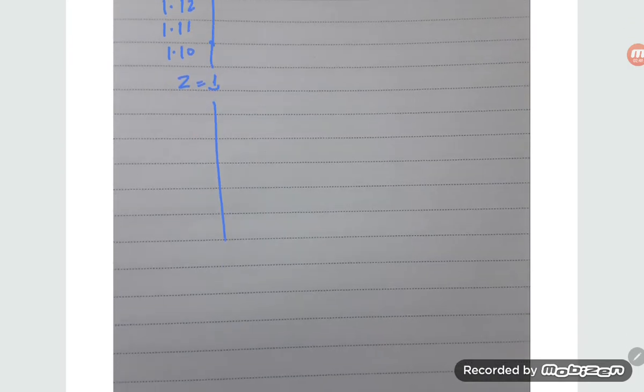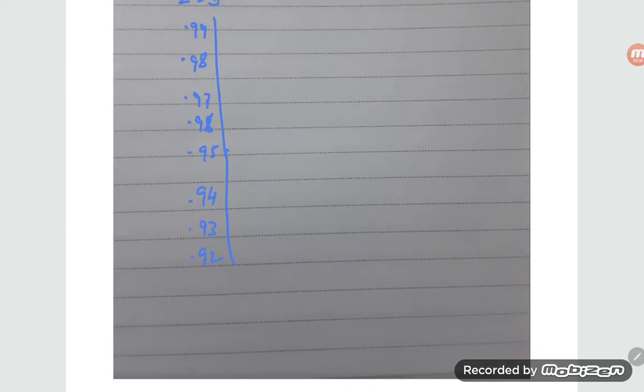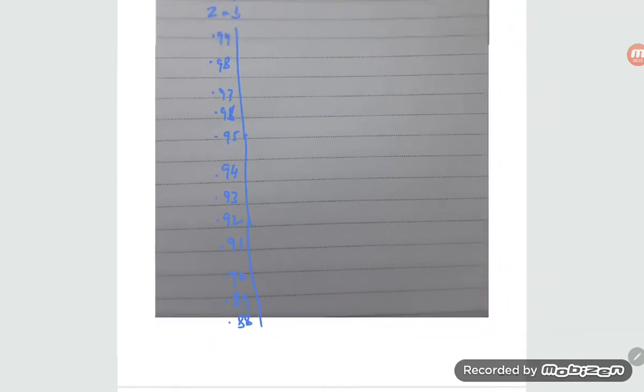If you come downside, it will be 0.99, 0.98, 0.97, 0.96, 0.95, 0.94, 0.93, 0.92, 0.91, 0.90, 0.89, 0.88, and so on. So what we have to keep in mind: the more the Z value is above 1, the more the positive deviation.